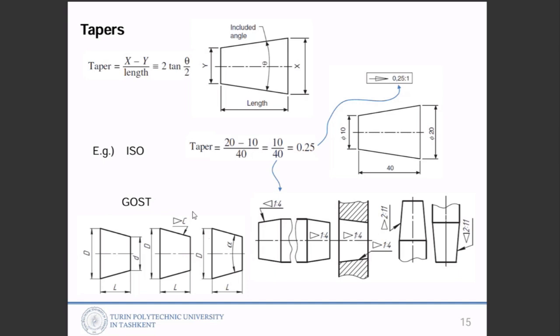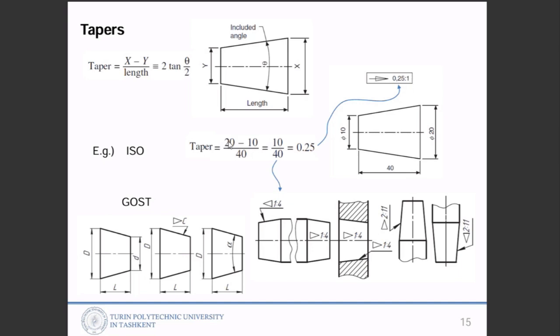Okay, so using this kind of information, the taper might be given. It might be a fraction 1 by 4, where the sides of the slope are reducing, or it might be given as a fraction 0.25 by 1. Same thing. 1 by 4 and 0.25 by 1 are the same thing.